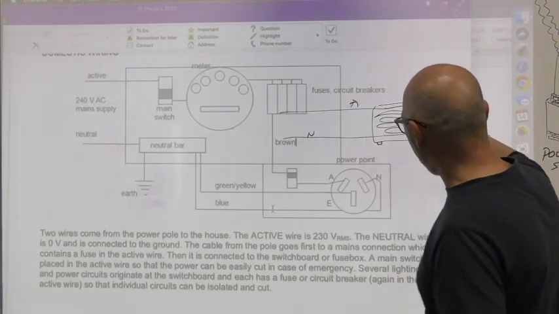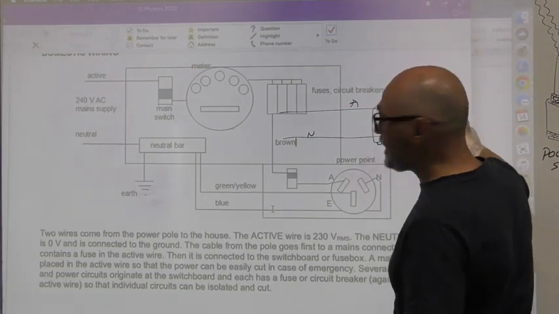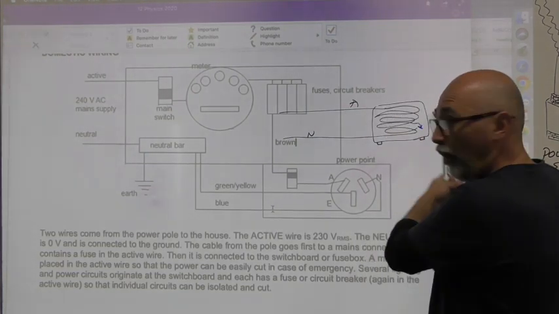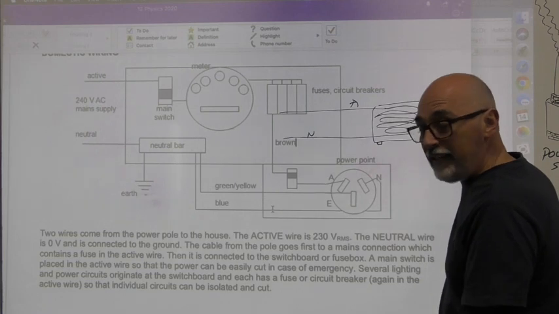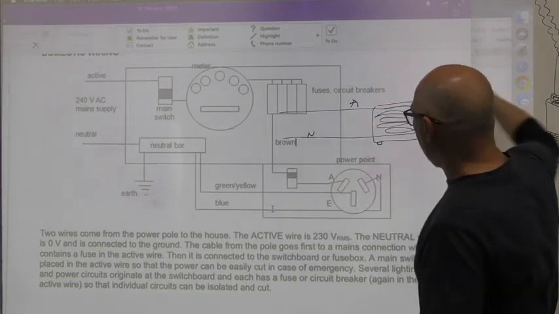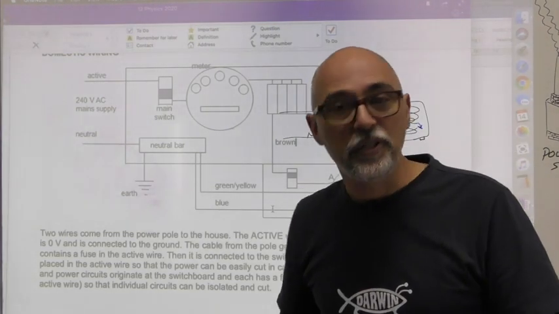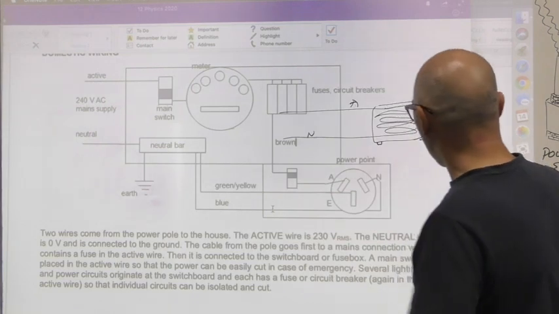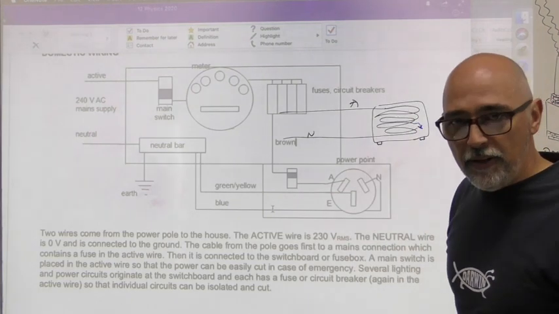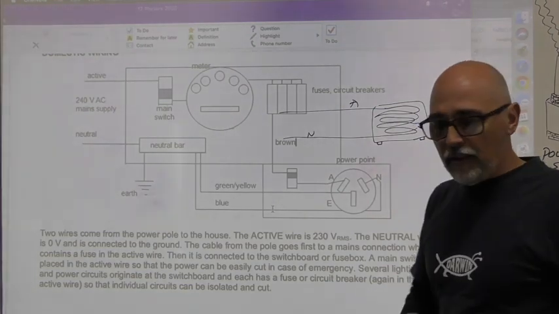And when you touch it, then the active delivers its 240 volts, hits the skin of the toaster, your hand, through your body, through your heart, and into the ground, and that's the path of the electricity, which is not good, obviously.